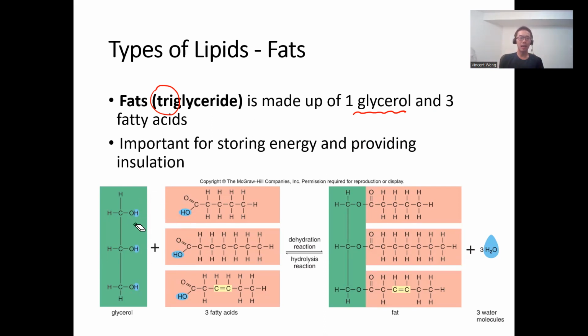So you take an H from the glycerol, you take an OH, and then you take away water, and that forms the first bond. Same thing for here, and you end up removing 3 water molecules. And more importantly, there is your fat. There is your triglyceride. Okay, dehydration synthesis is to make them. And if you want to break down the fat, you would do hydrolysis.